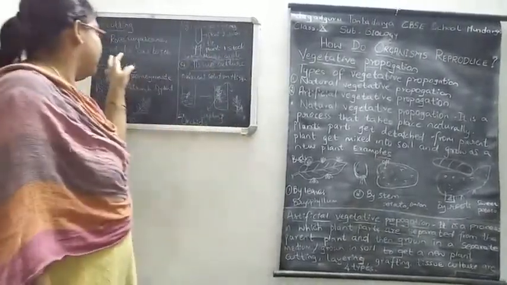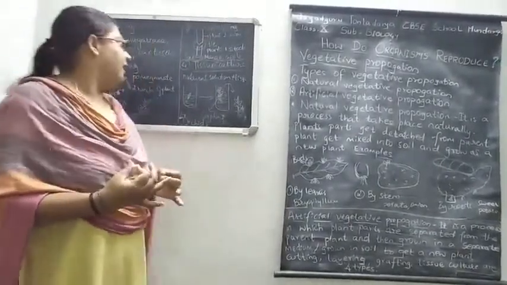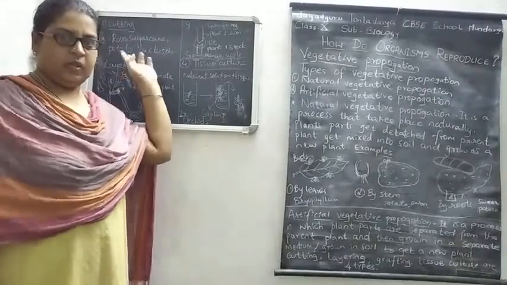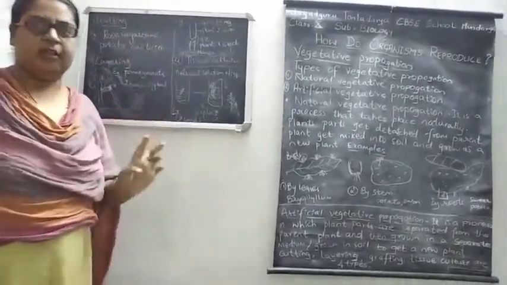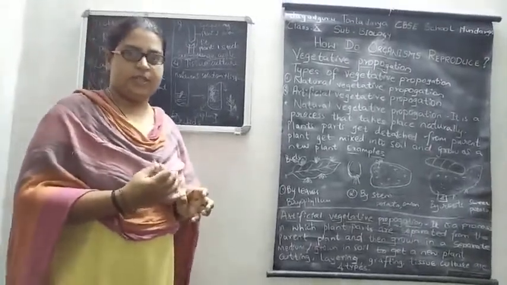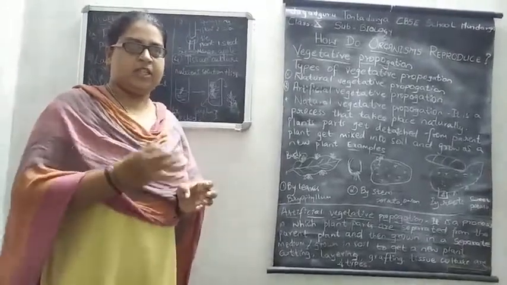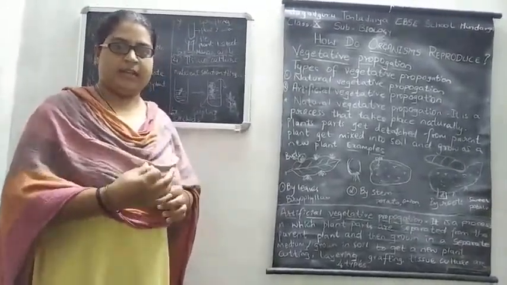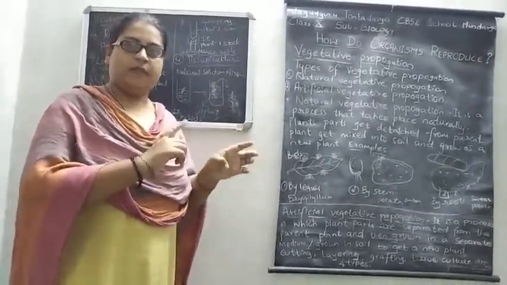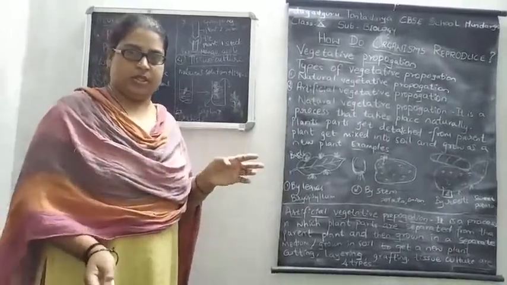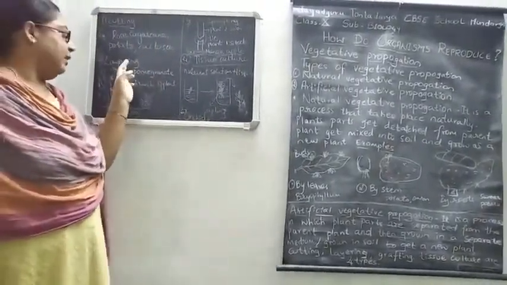It is seen in plants like rose, cactus, sugarcane and potato. So we artificially obtain these plants by cutting the parent plant parts, which may be stem or root. Understood? In cutting, vegetative parts are removed from the parent plant and put in soil, and from that vegetative part a new plant originates. Okay.